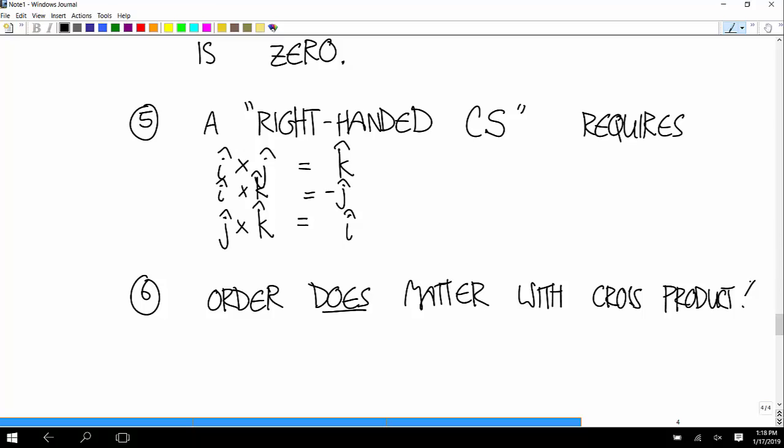The way it works is A cross B is equal to negative B cross A. Any questions about any of this?